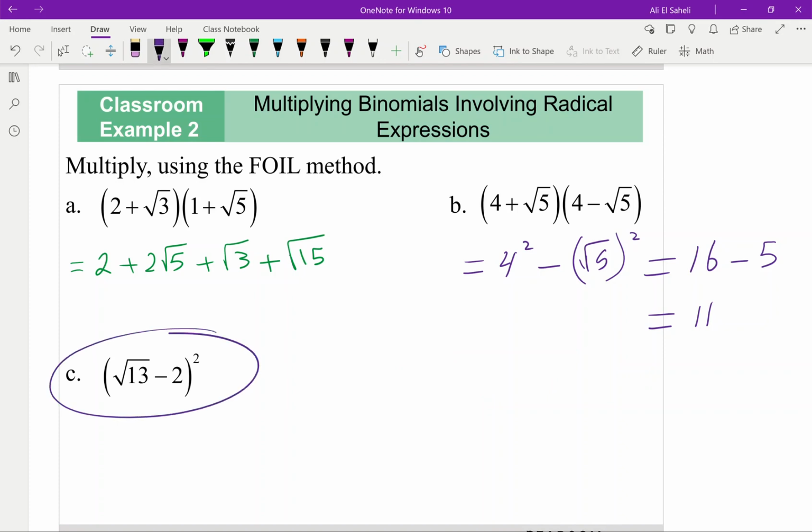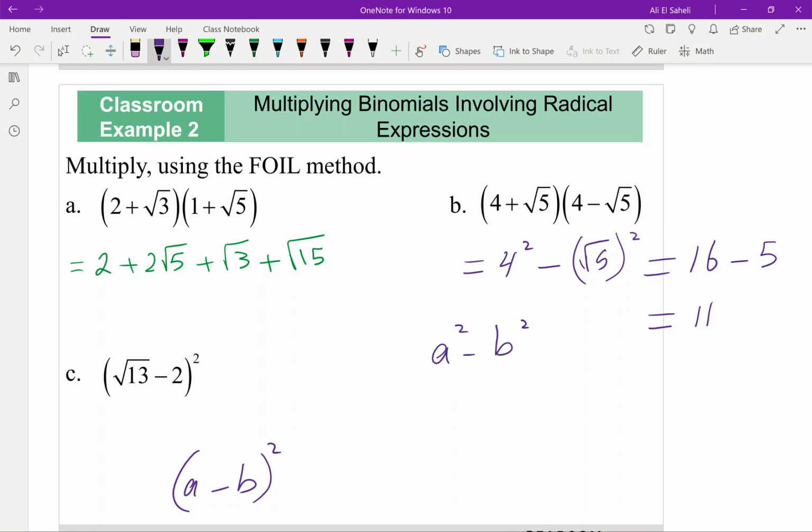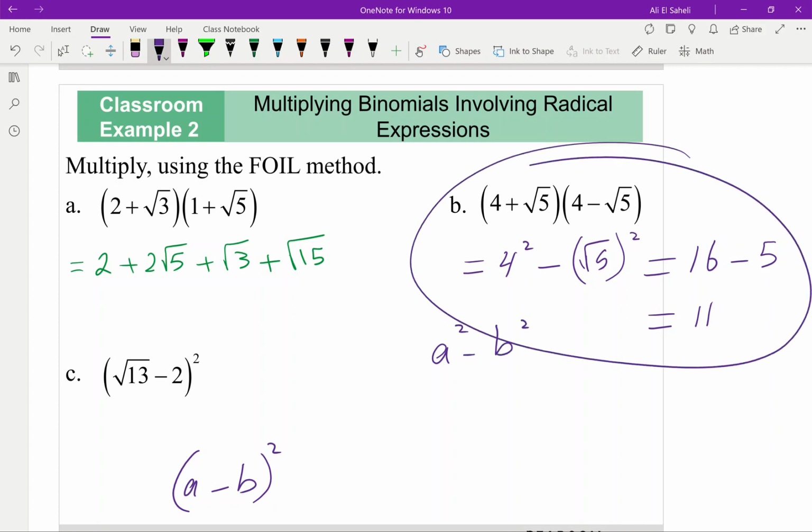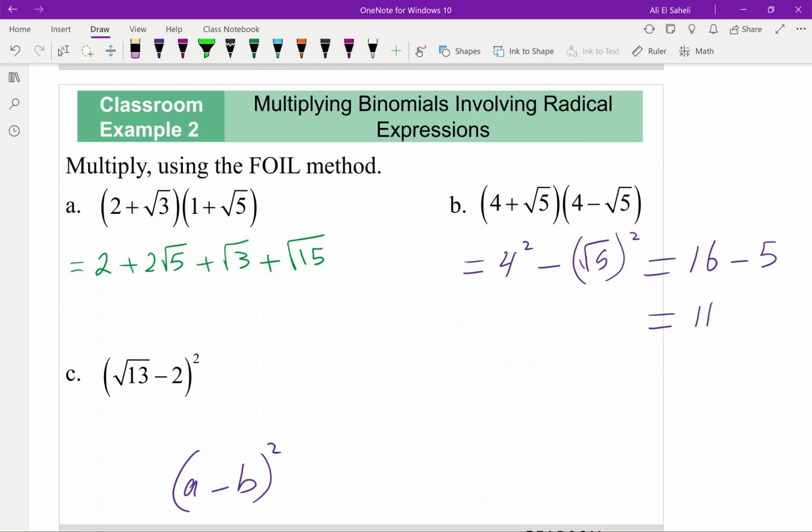What we have here is A minus B squared. Of course, this is completely different from A squared minus B squared, which we used over here. This, as we know and as we should memorize, is A squared minus 2AB plus B squared. Again, A is radical 13, B is 2.